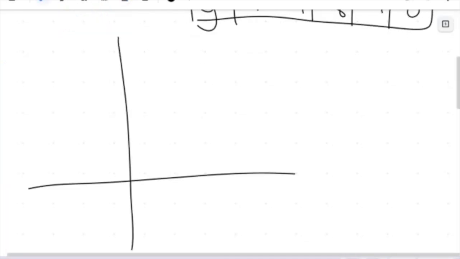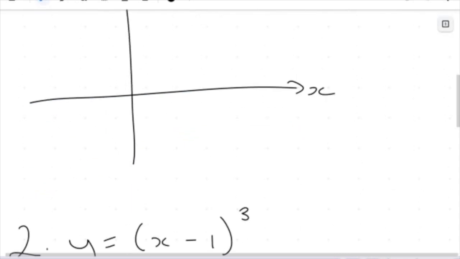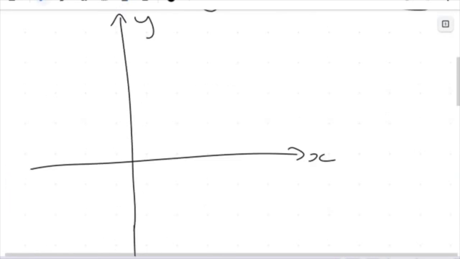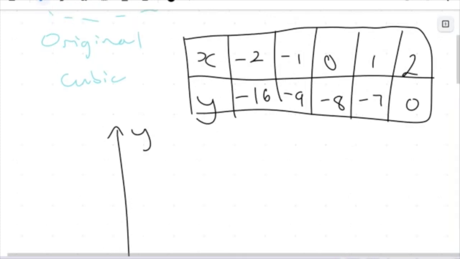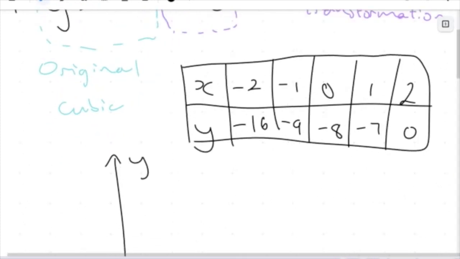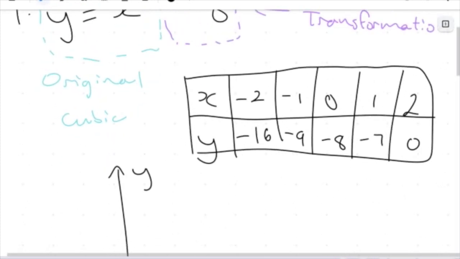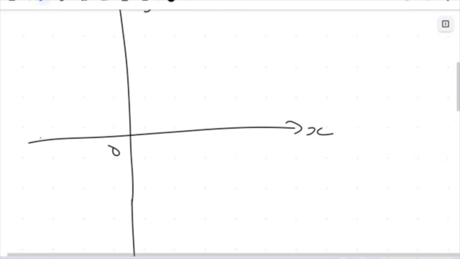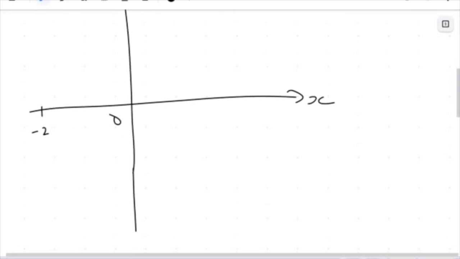So if we sketch this in, I have my y-axis, my x-axis. Let's just put in these values, see what our cubic ends up looking like, and this will give us a bit of a recap on what our translations mean. Okay, so when x is -2, we're down to like -16 here. So that's our first point.